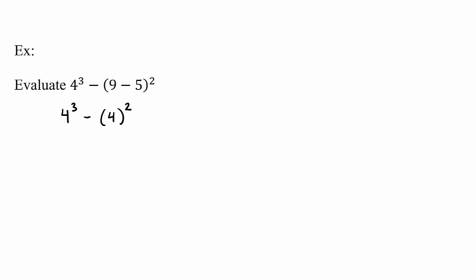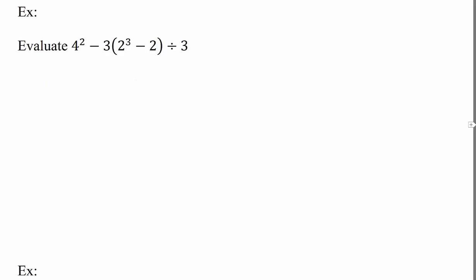I'm then going to do the exponents next because that comes next in our acronym. So 4 cubed is 4 times 4 times 4, which is 64. And then 4 squared is 4 times 4, which is 16. Then I'm going to do my subtraction, and 64 take away 16 is going to be 48.